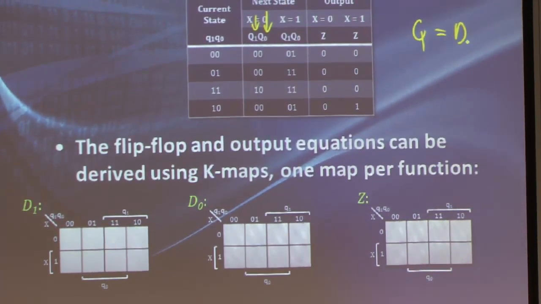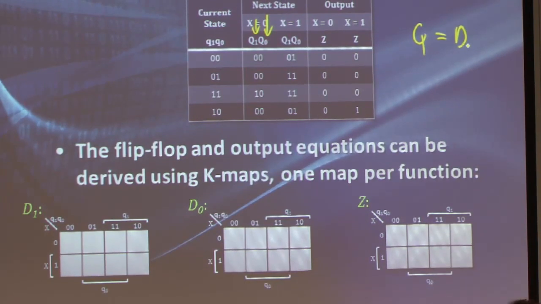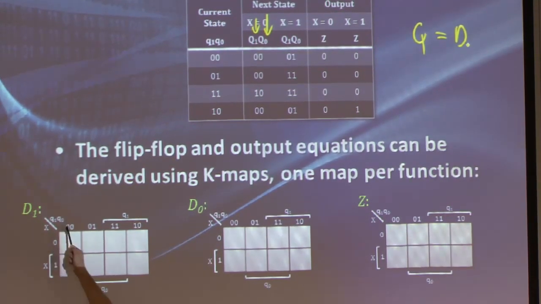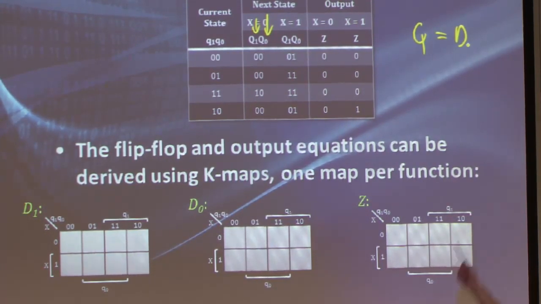The way I wrote the order of the values for those corner maps, putting X as the column and Q1 and Q0 as the row, makes it a bit easier to read the values straight from the state table up there. Sometimes when I have more than 3 inputs, I will actually shuffle these things around.